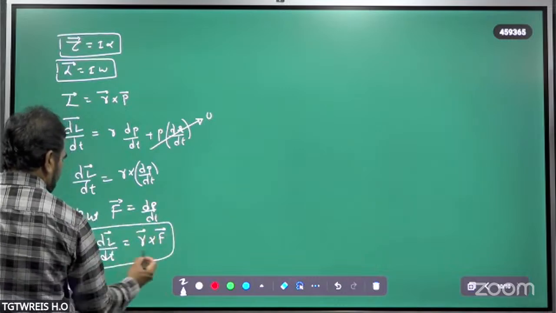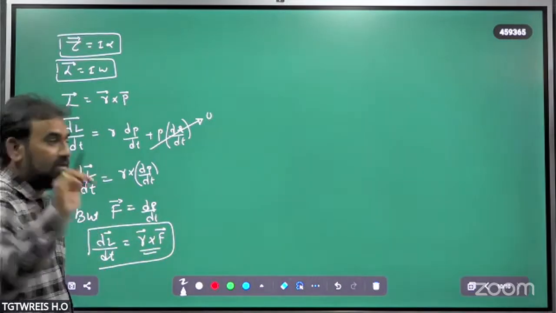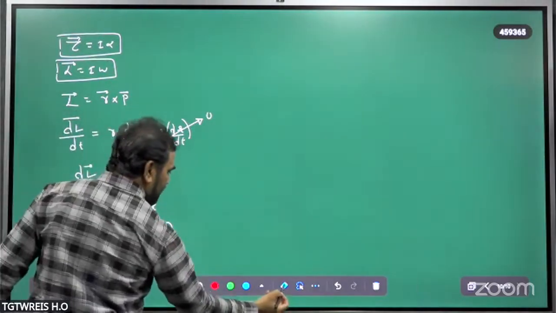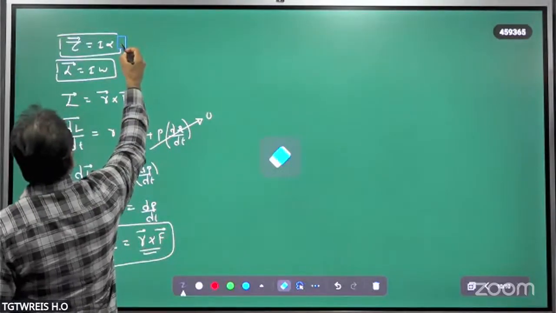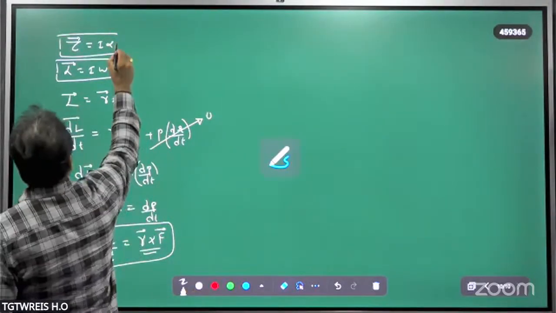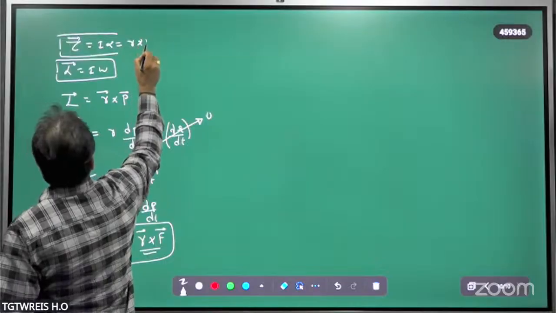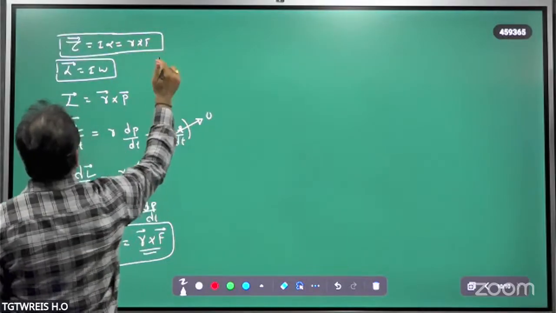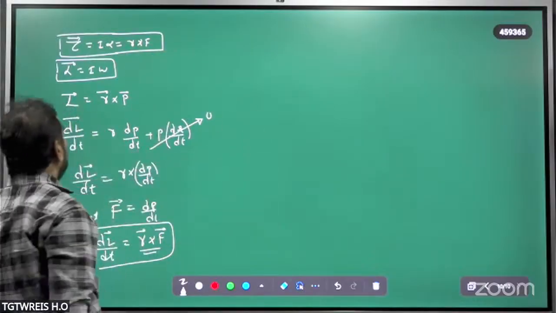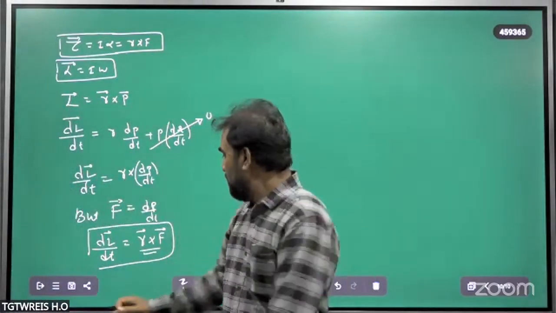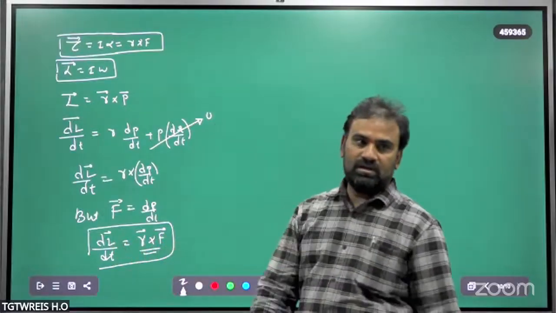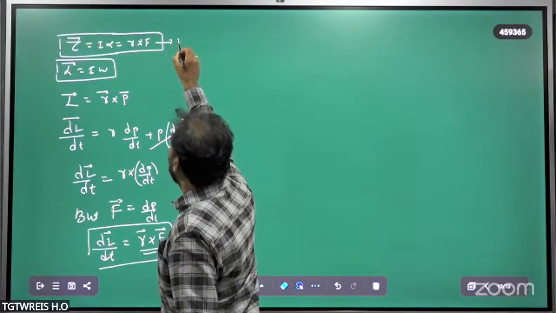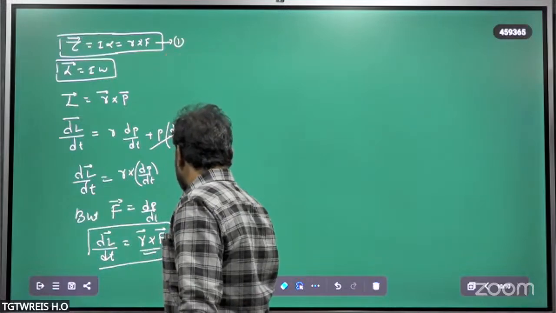But what is the value of r cross F? We can also write this in different forms. The product of perpendicular distance and force is called torque tau. That is, torque tau, which is I alpha, is equal to r cross F. But dL by dt is equal to r cross F. So let's say this is equation number 1 and this is equation number 2.